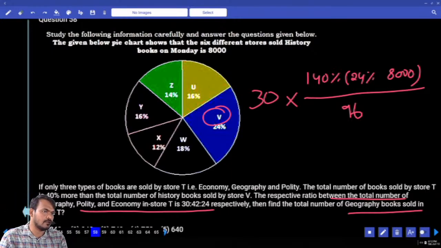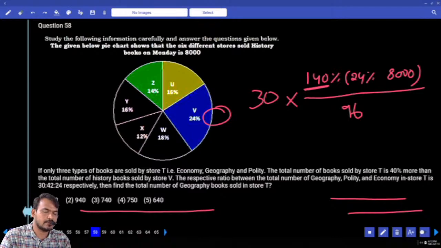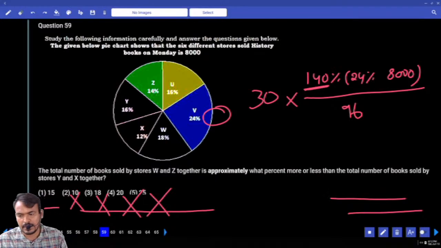Irrespective of values, 14. Which one multiple? 7 multiple. How many options are 7 multiple? First option 7 multiple, yes. Second option no. Third option no. Fourth option no. Fifth option no. Then answer, first option.